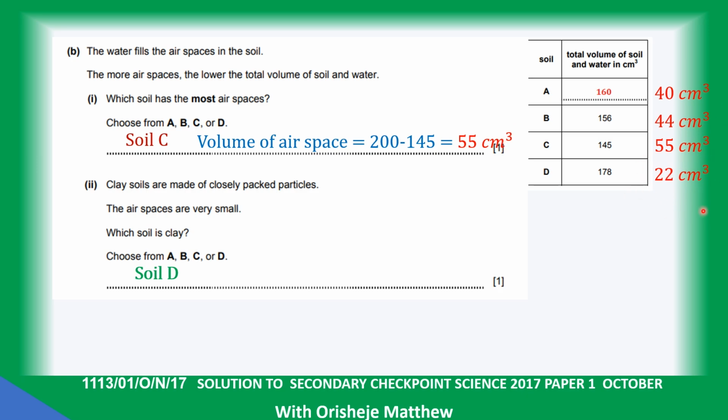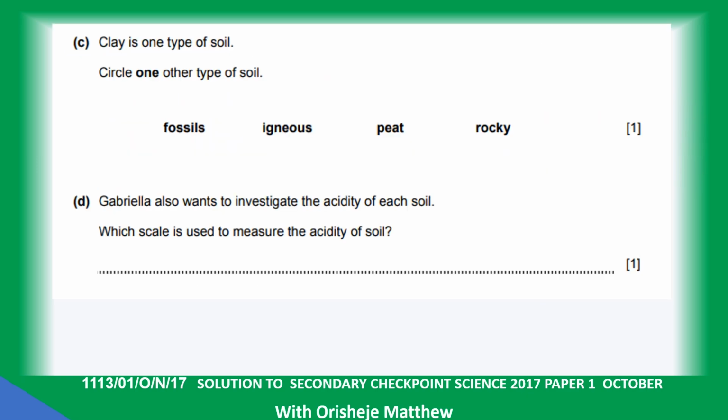The one that has the most air space is sandy soil. Clay is one type of soil. Circle one other type of soil. Peat.